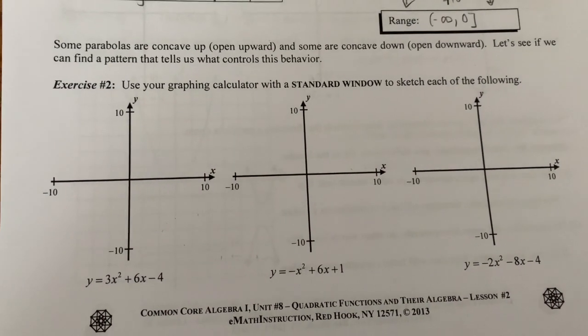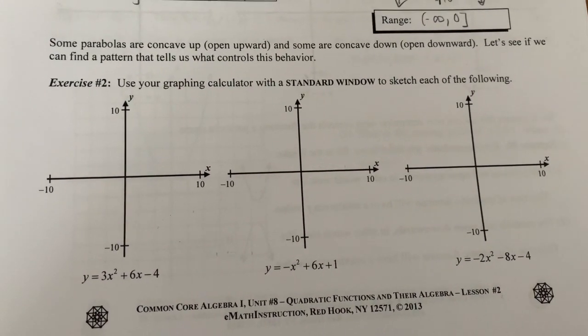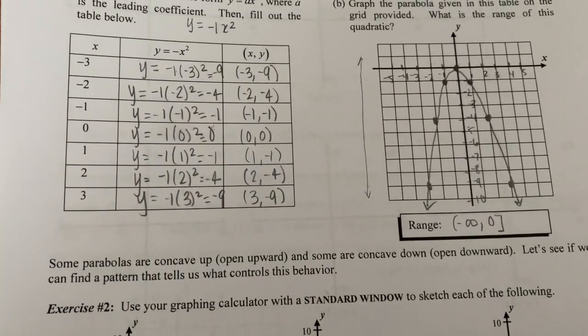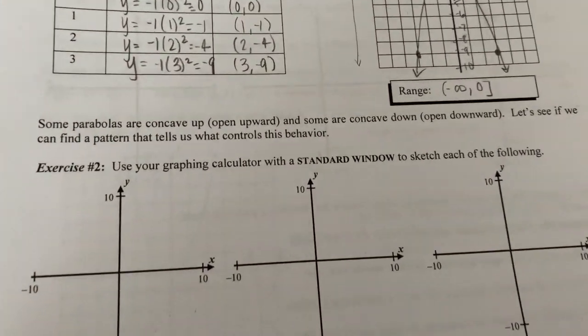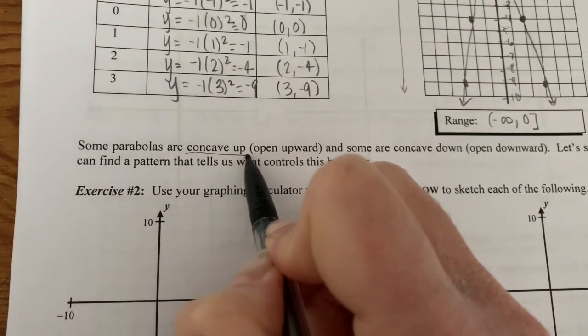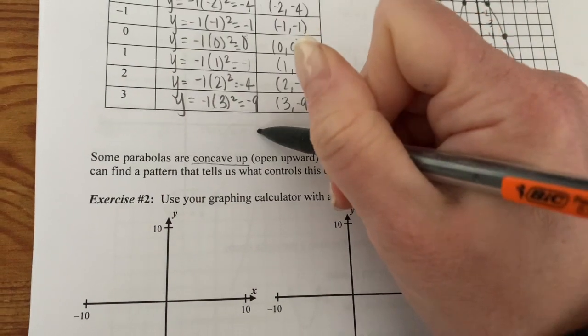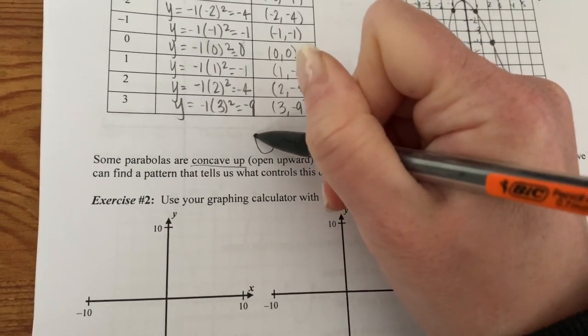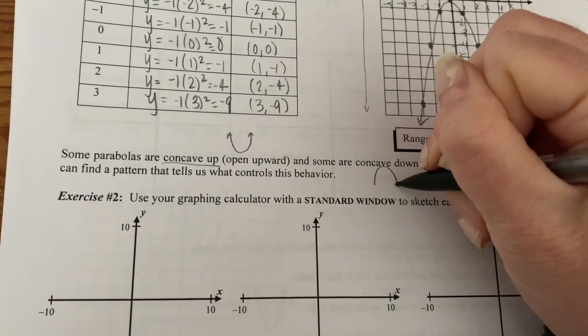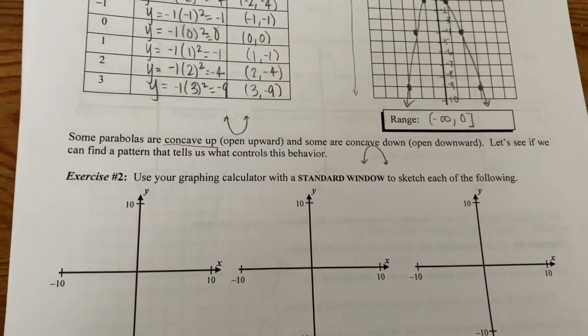There's a certain term that we use to describe when a parabola is facing up or facing down. And that word is concave up and concave down. Concave up means that it opens upward, so that looks like this. And concave down opens downward, and that looks like this.